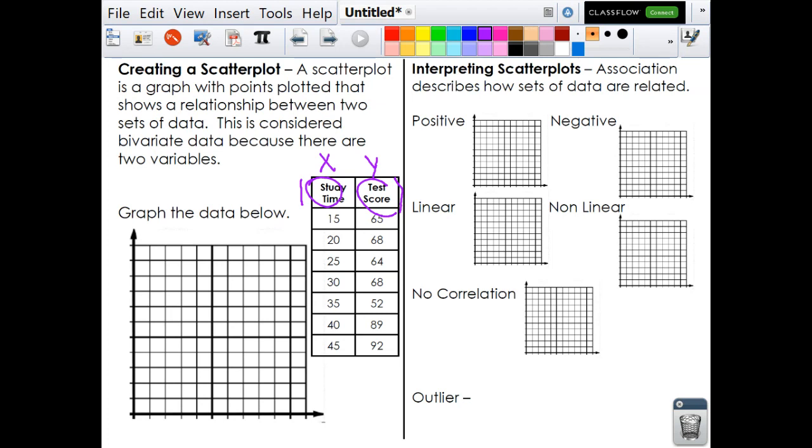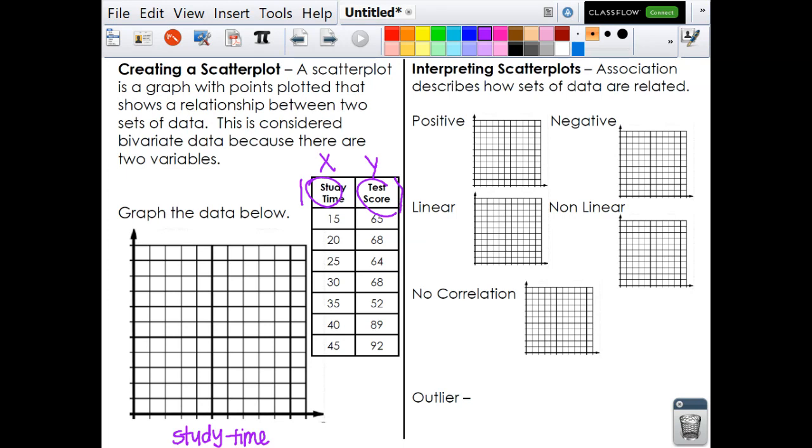All right, so we have to start by labeling our x and y axis. So our x values on our chart represent what? Study time. So we're going to go down here and label this study time. Make sure you're writing this down on your notes.